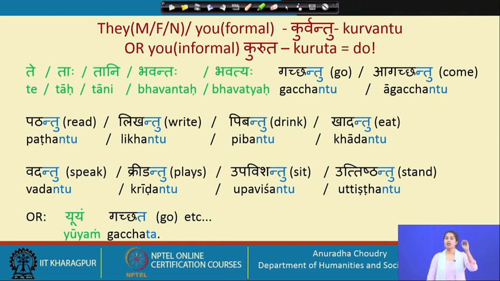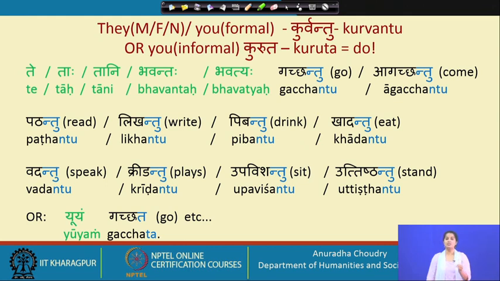When you say yuyam gachata with the breath, with an aspirated sound, it means you plural are going, or you go, because there is no difference between the simple present tense and the present continuous. So you are going or you go is yuyam gachata with an aspirated sound.